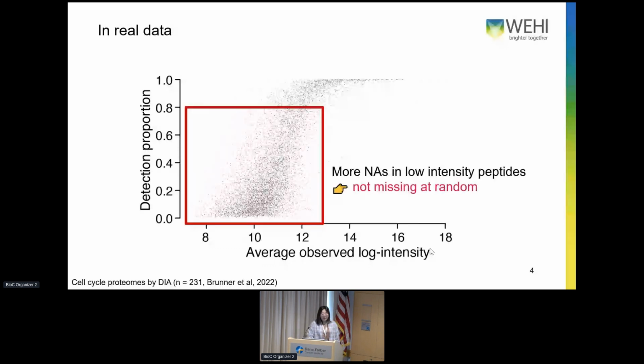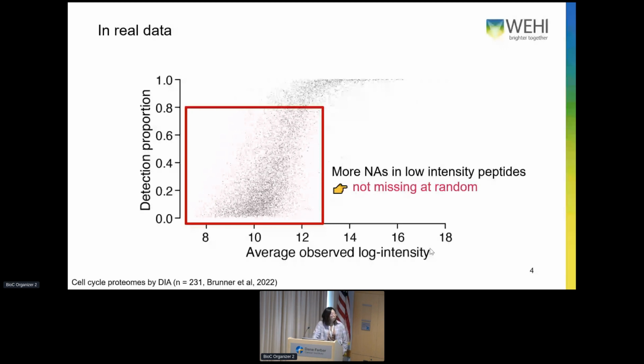Furthermore, if we zoom in, we can see there are more missing values, so the detection proportion is lower in these low intensity peptides. It means the missing values do not just occur at random. At the same time, we can also see some missing values in these high intensity peptides, so the missing values do not come from censoring either.